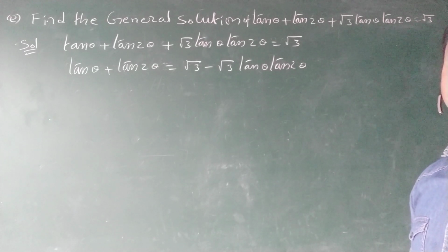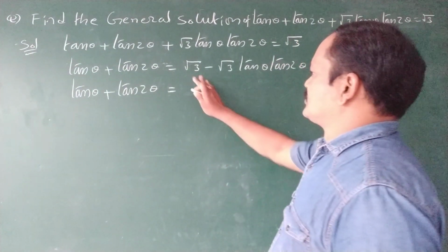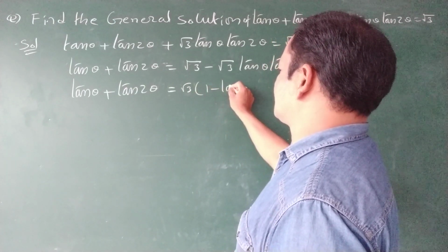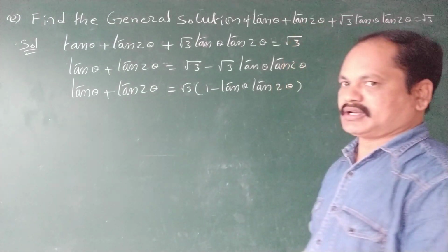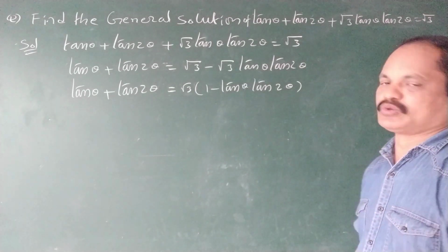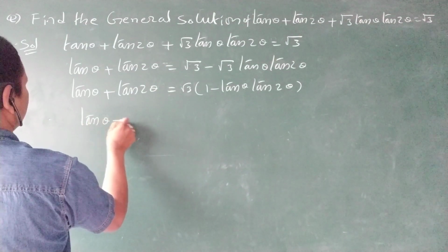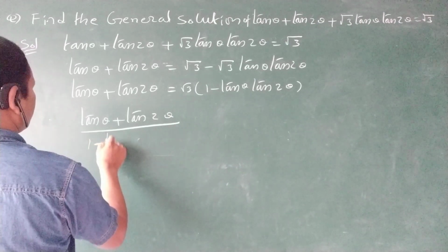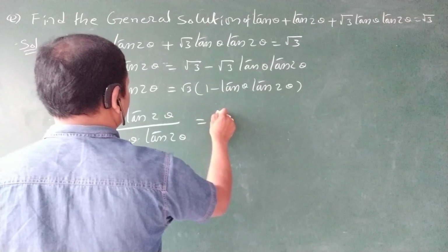Then tan theta plus tan 2 theta is equal to root 3 into 1 minus tan theta into tan 2 theta. Now dividing on both sides by 1 minus tan theta into tan 2 theta, we get tan theta plus tan 2 theta by 1 minus tan theta into tan 2 theta is equal to root 3.